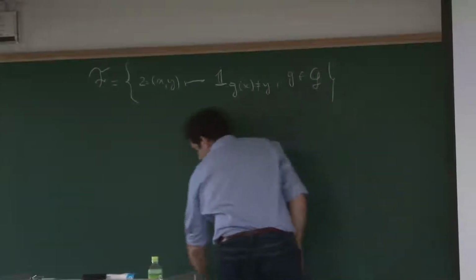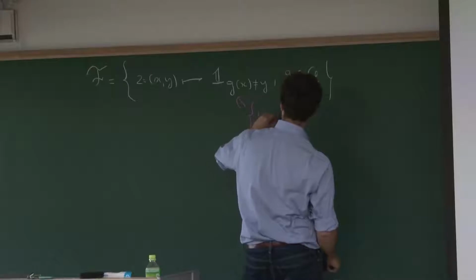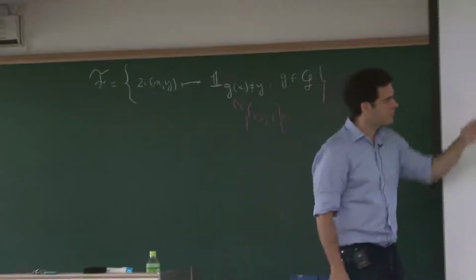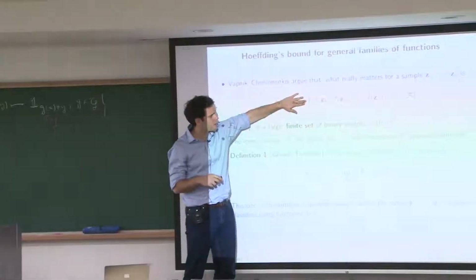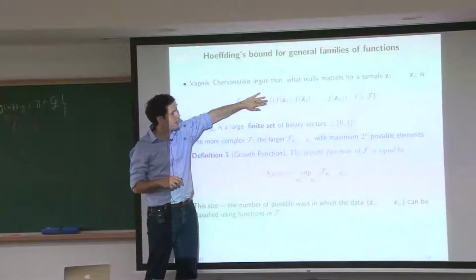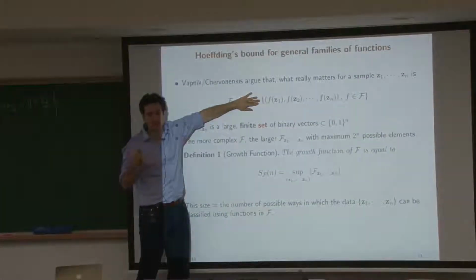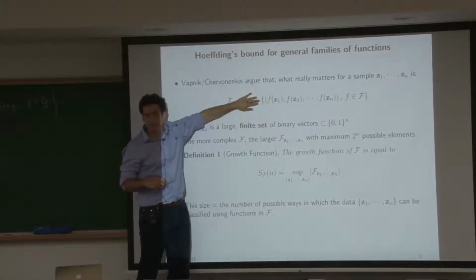So of course this can only be 0 or 1, right? So if you ignore this for a second, suppose that we have z1 to zn. I take one f in the loss class. Somehow you can think of this as taking a g in the set of functions that you are considering. And now you look at this vector, f(z1), f(z2), up to f(zn).